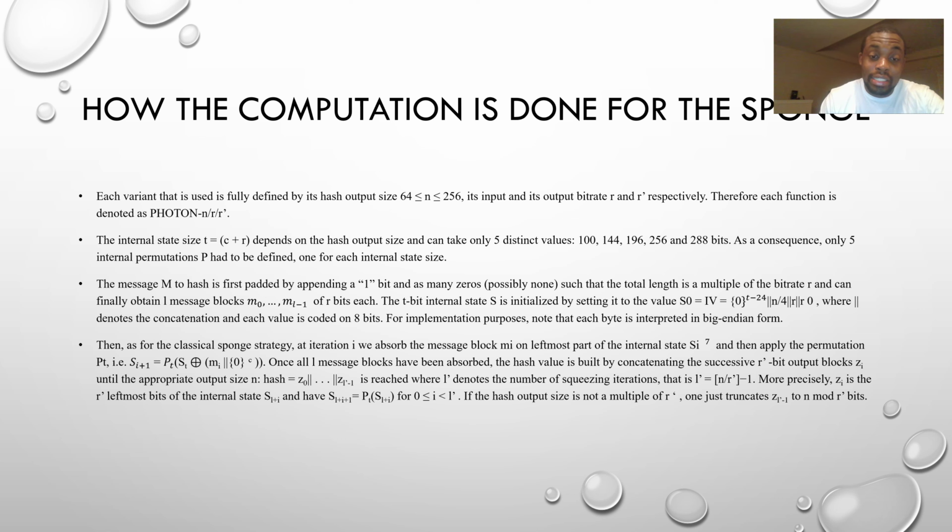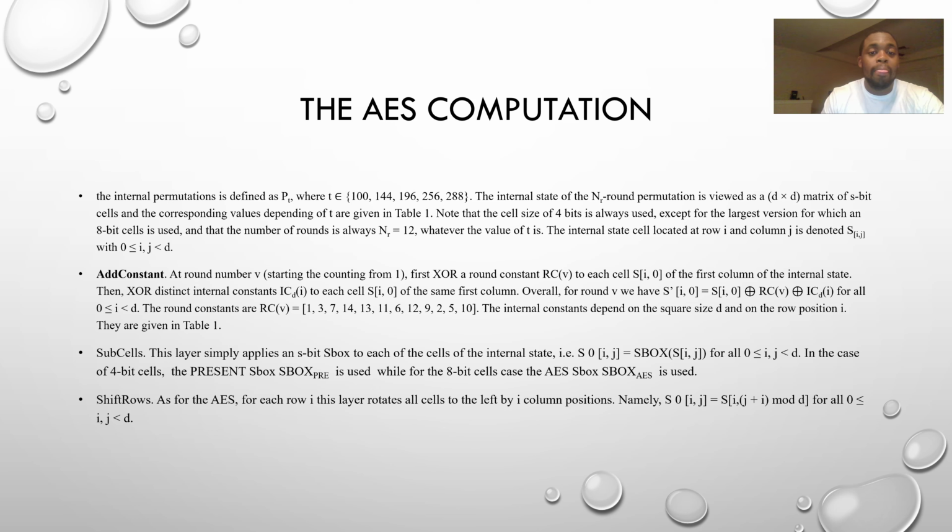I will go more in depth with this whole process in the actual report. But for the AES computation, the internal permutation is defined as P_t, where t is an element of 100, 144, 196, 256, 288.